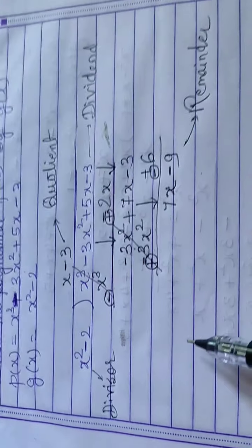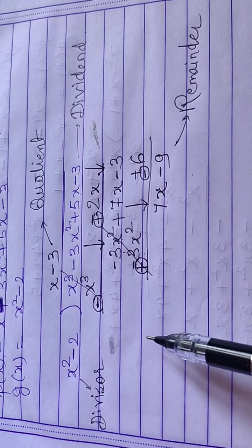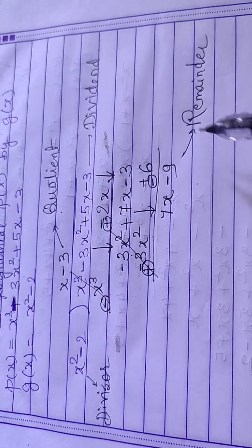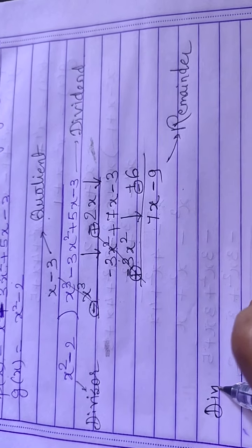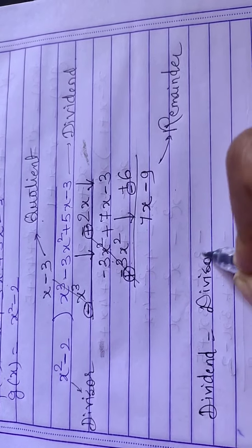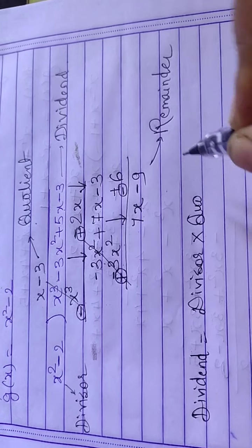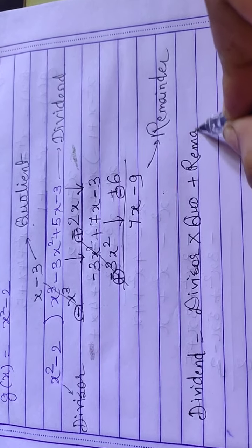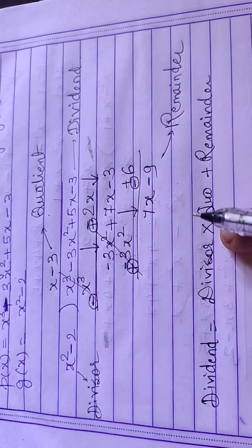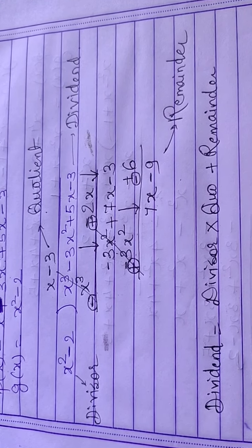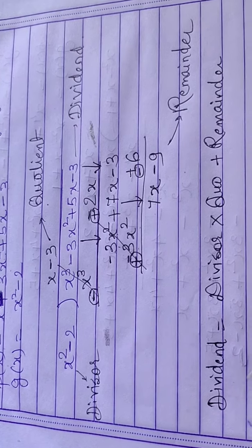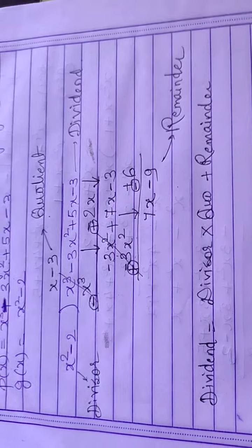Now the same rule the polynomials also follow: the dividend is equal to divisor into quotient plus remainder. This is the relation between dividend, divisor, quotient and remainder, and you substitute the values here. In this way we can find the division of the polynomial. This is the concept of division.